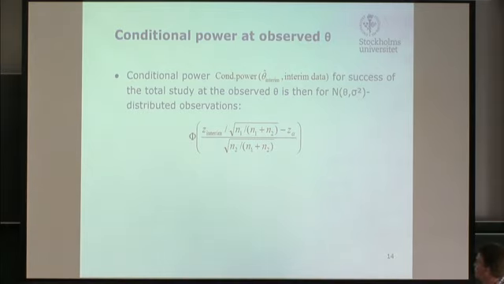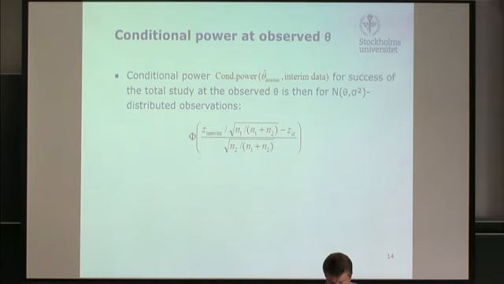And then you have here, this is the time of the interim analysis, N1 the number of observations before interim analysis, and N2 the number of observations after the interim analysis. So this is then the fraction of observations before interim analysis.